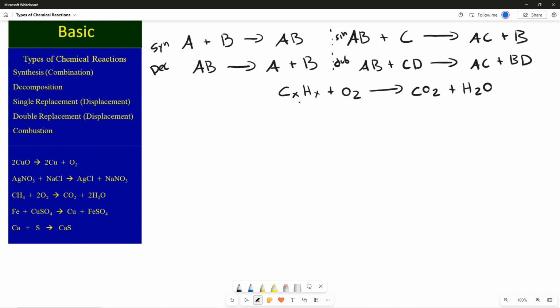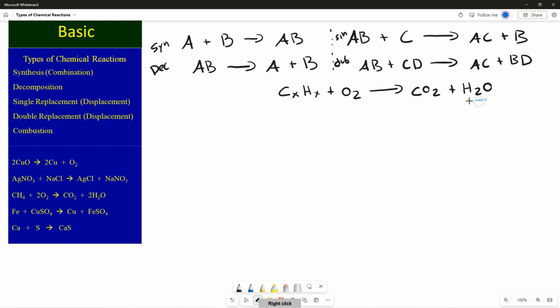Now you may say, hey, I've seen fires burning before and I don't see any water getting produced. Well, if you look above the flames of a fire, you'll notice that there's those wavy lines. Those are gases being produced. And the two gases when a fire burns are always carbon dioxide. That's the same thing that you exhale. You breathe in oxygen, you exhale carbon dioxide. And then it's also water vapor that's produced.